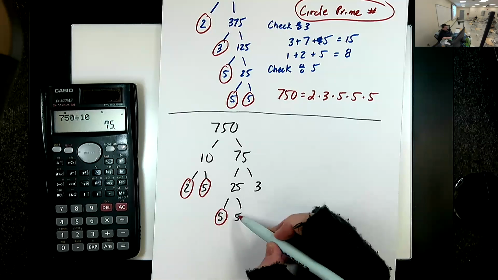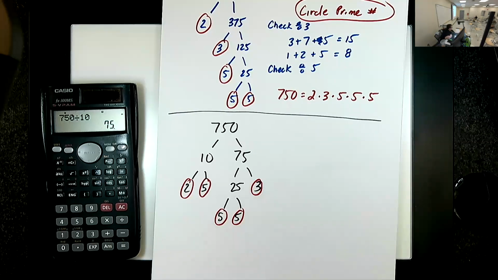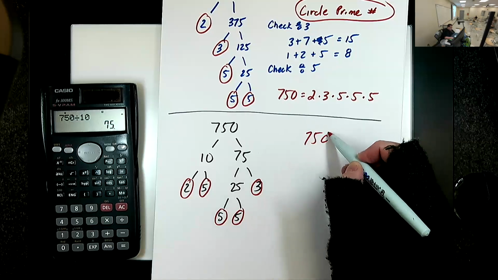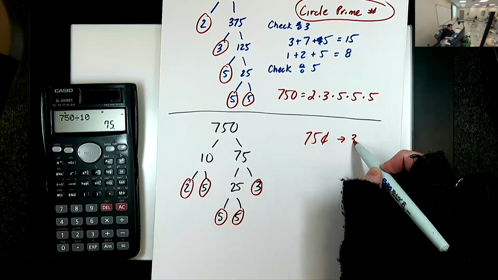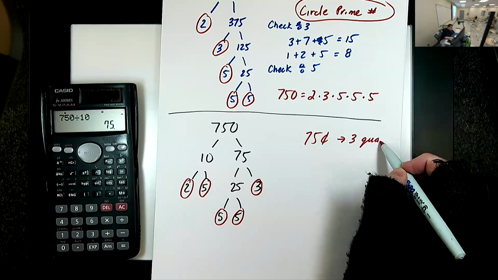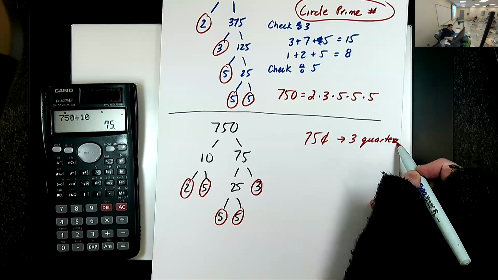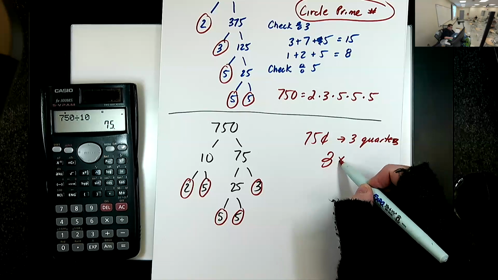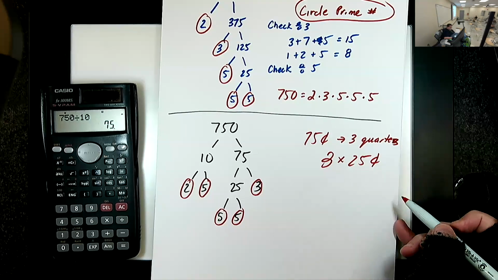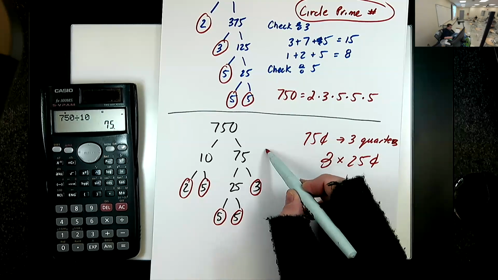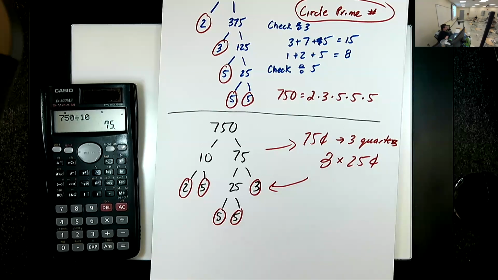But sometimes I think it's helpful to think about other things other than grabbing the calculator. There's a number that you see 75 of a lot in real life. Money, something that has like 75 cents. 75 cents is 3 quarters. Or 3 times 25 cents. 3 times 25.